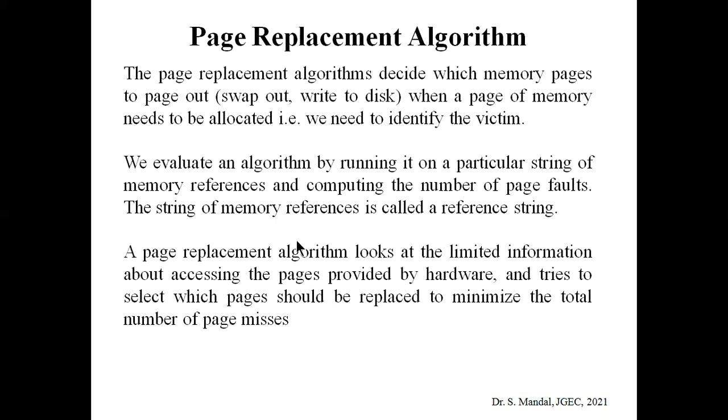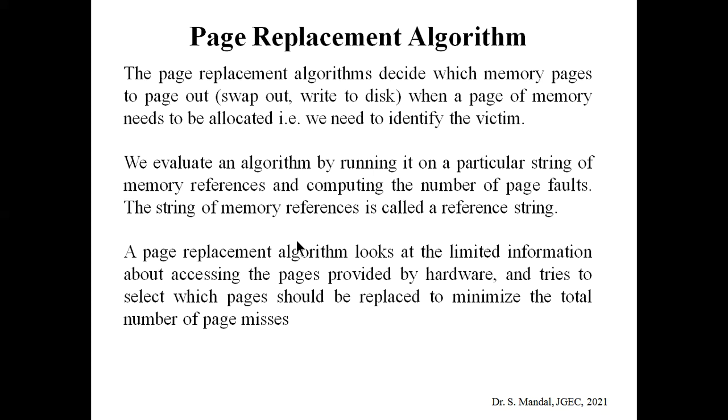Now coming to the page replacement algorithm. The page replacement algorithm basically decides which memory pages are to be swapped out when memory needs to be allocated. That is, we need to identify the victim frame or victim pages.